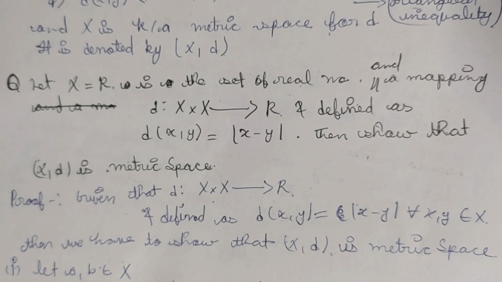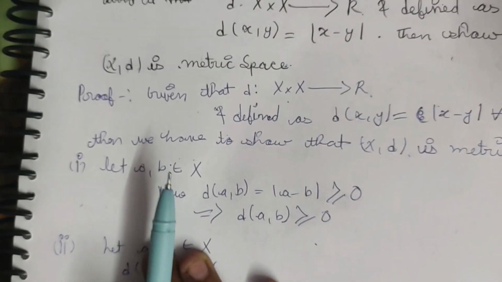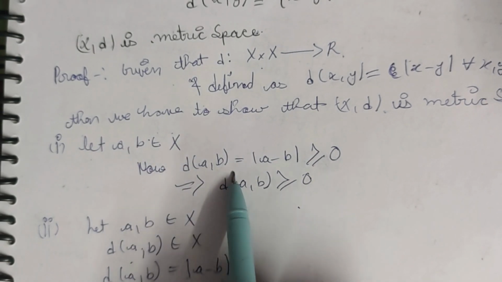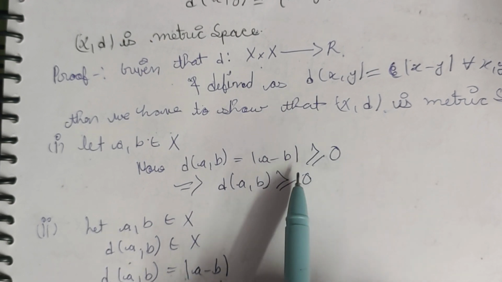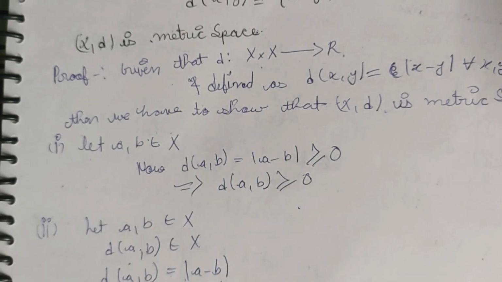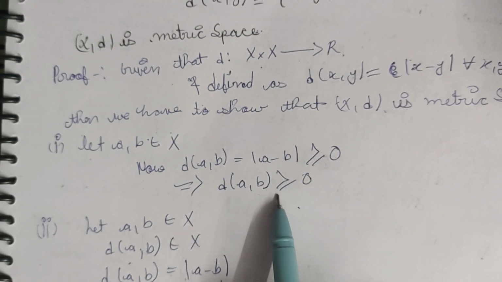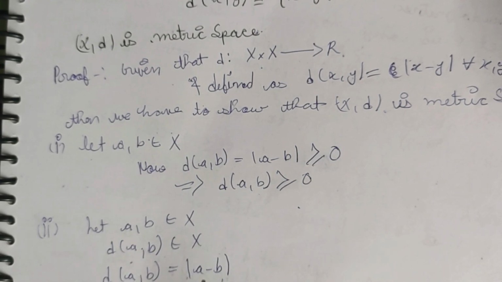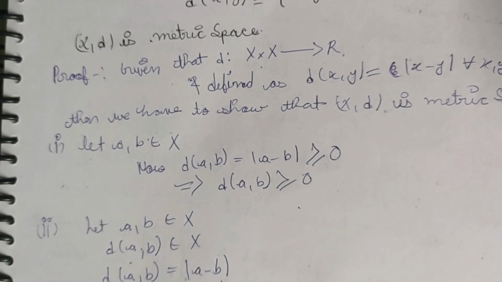For proving the first property, the non-negative property, let a, b belong to X. Now d(a,b) equals modulus of a minus b, and since we know that when we open a modulus the value cannot be negative, d(a,b) is greater than or equal to 0. For the second property, let a, b belong to X. d(a,b) equals modulus of a minus b, and we take minus common.